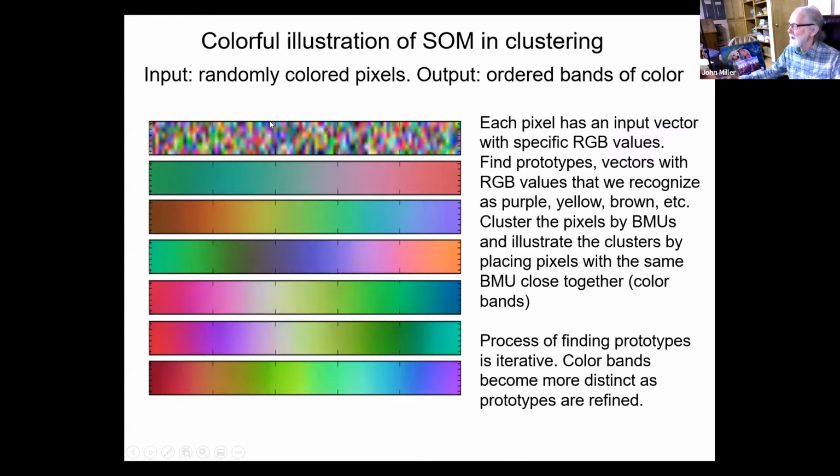Now we pass that set of vectors to the algorithm, and it looks for prototypes. Those prototypes are also three-component vectors with the proportion of red, green, and blue of a prototype. If we showed those prototypes, there would be the combination of red, green, and blue that gives us purple or yellow or brown or chartreuse or whatever.